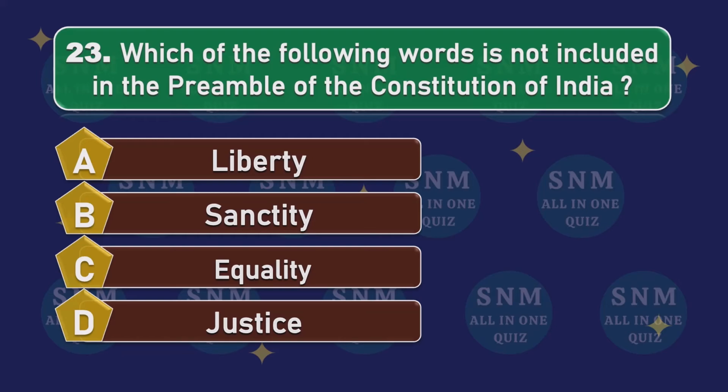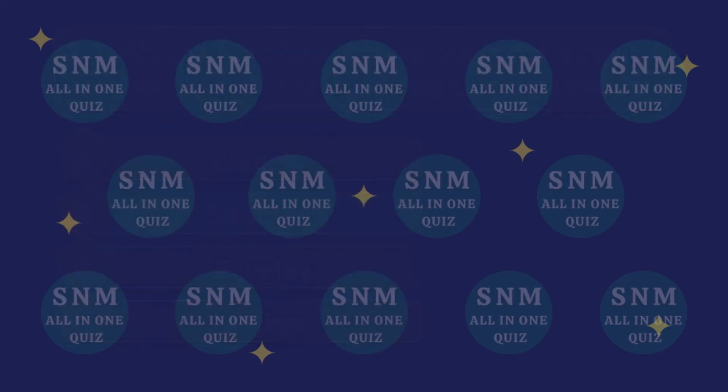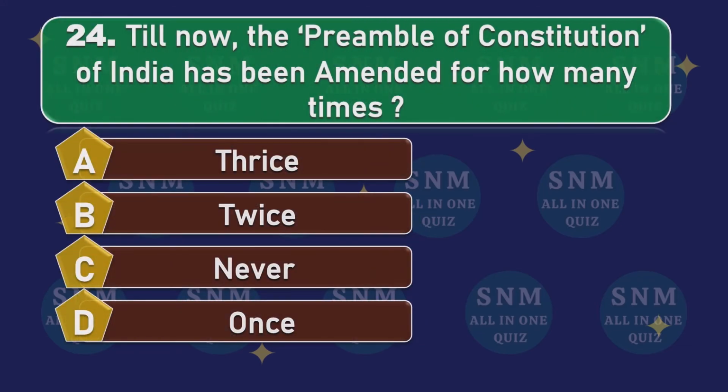Which of the following words is not included in the Preamble of the Constitution of India? Sanctity. Till now, the Preamble of Constitution of India has been amended for how many times?